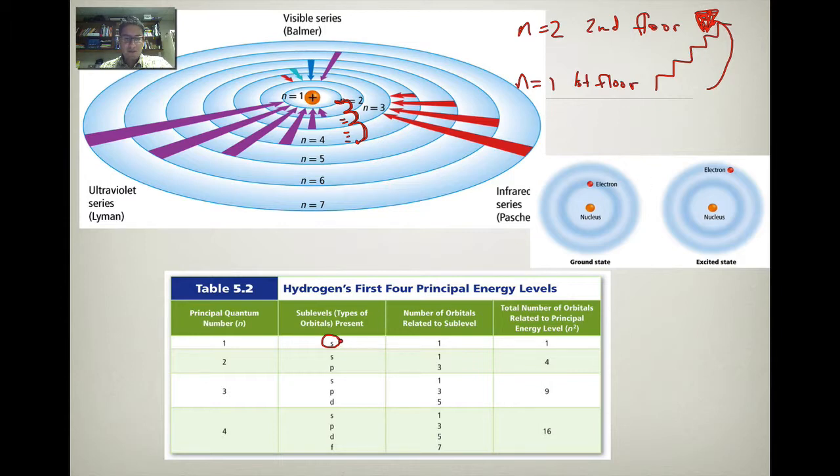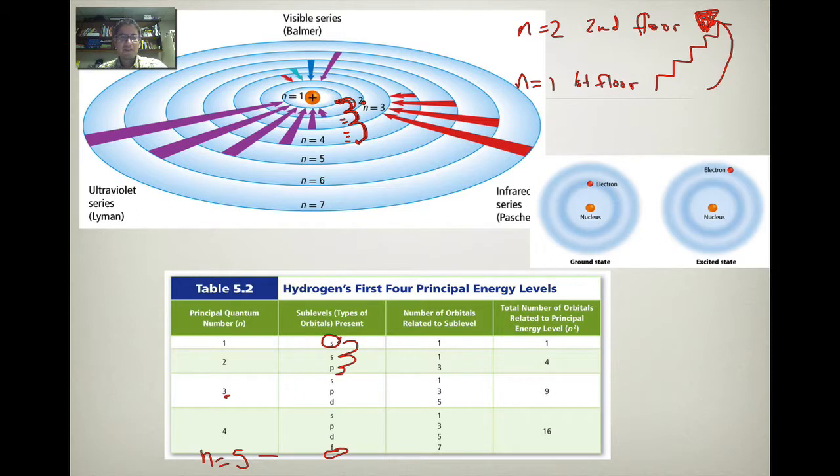You'll notice here that I have my 1, 2, 3, and 4, just like I have here 1, 2, 3, and 4. I have to go through my 2s orbital and then my 2p orbital, and then I reach my energy level number 3.